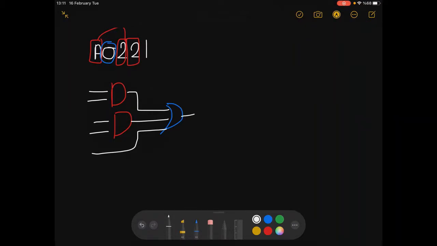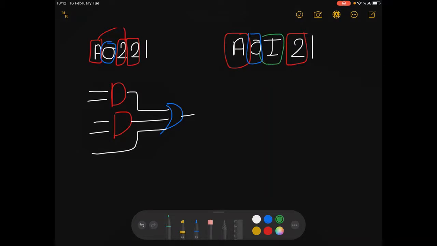Okay, what else can we do? Let's do another one, AOI, for example, this time 2-1. So this part is related with the first level, and this part is for the second level.